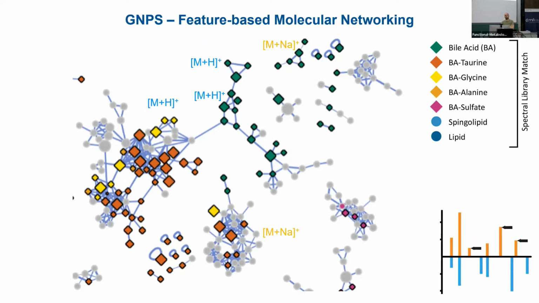You can also export the statistics for feature-based molecular networking, but traditionally it was more the area. By default, the GNPS export module exports peak area, but there is another export module where you can export a bunch of other information from your feature tables.